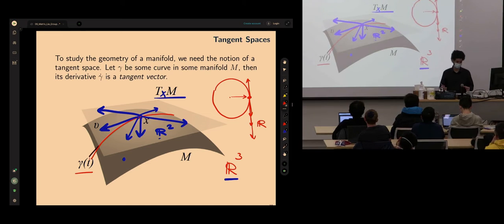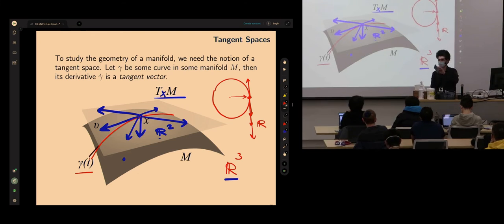And we need that because the object that is moving, the camera, can rotate about 3 axes and can move in 3 different directions with virtually any velocity at any point in time. So the tangent space at one point considers all such velocities.